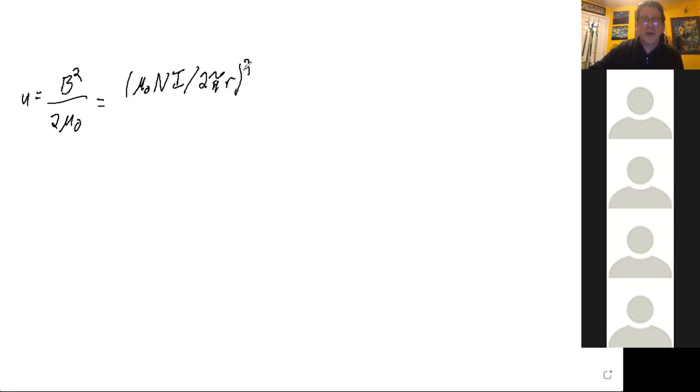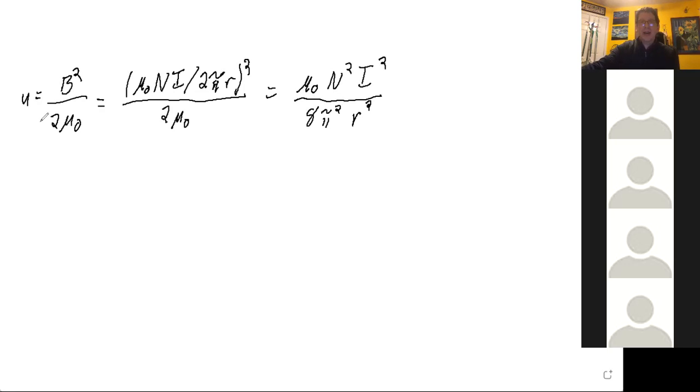And you're squaring all that divided by 2 mu naught. And so you have mu naught squared over mu naught. So that becomes mu naught n squared I squared. So here you get 4 pi squared, but you're dividing it by 2 again. So you have 8 pi squared. And you have r squared.